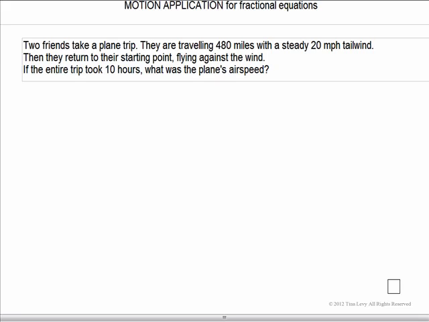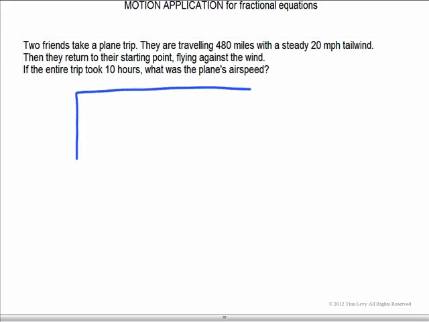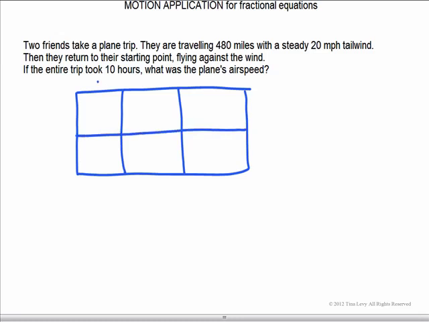To do a problem like this, I like to set it up with a table. I'm going to use the formula that distance is rate times time. I'm going to set up a table to look like this. I have rate and time.